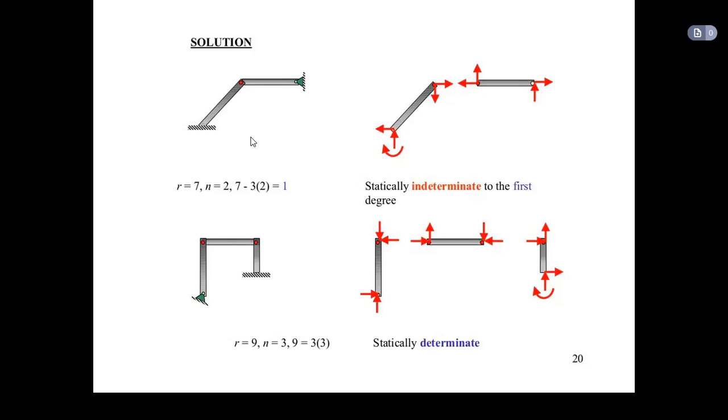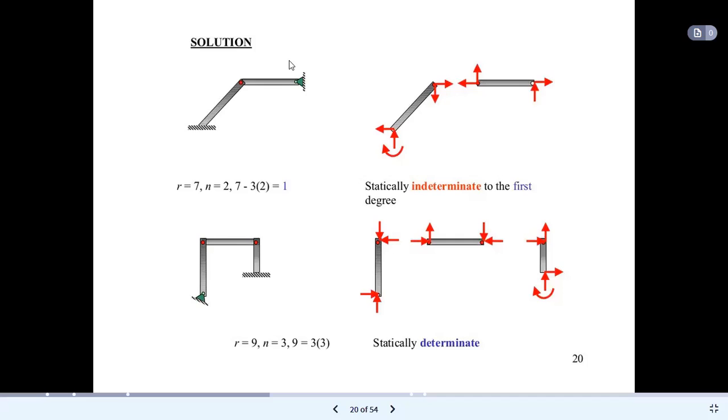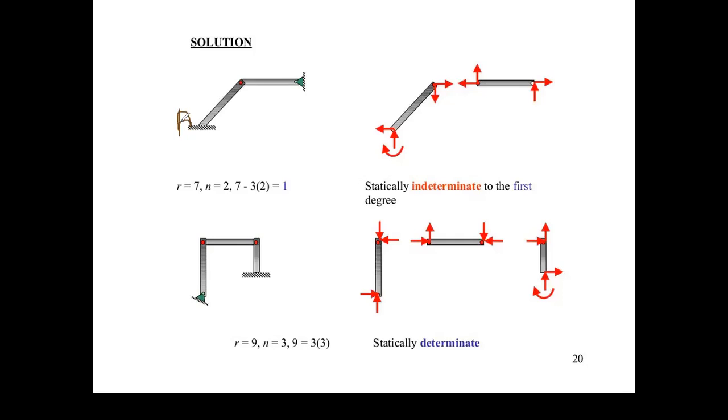So here the total number of unknown reaction forces: 3 at A. Let's designate the joints. Say this is A, this is B, this is C. At A, how many reaction forces are there? 3.